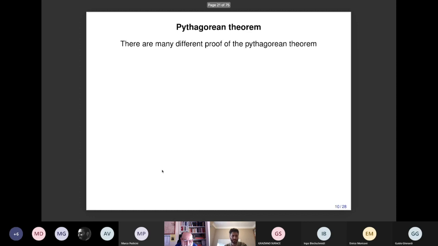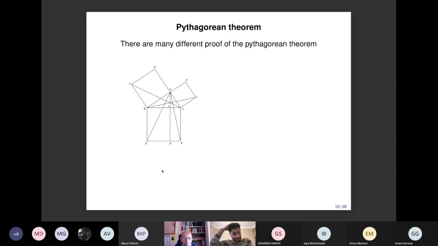But let's go to something more formal, and let's take the Pythagorean theorem that everybody knows from elementary school. I think everybody has studied this proof, which is the original one from Euclid's Elements. The reason why Euclid wrote his book was to prove the Pythagorean theorem.